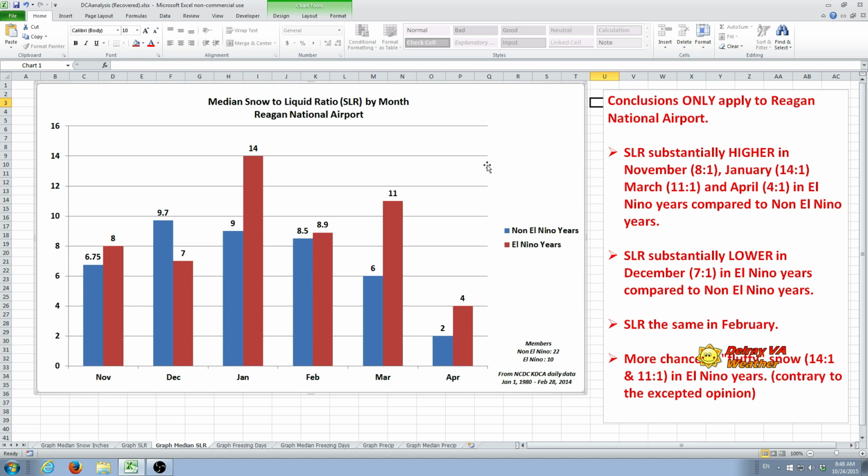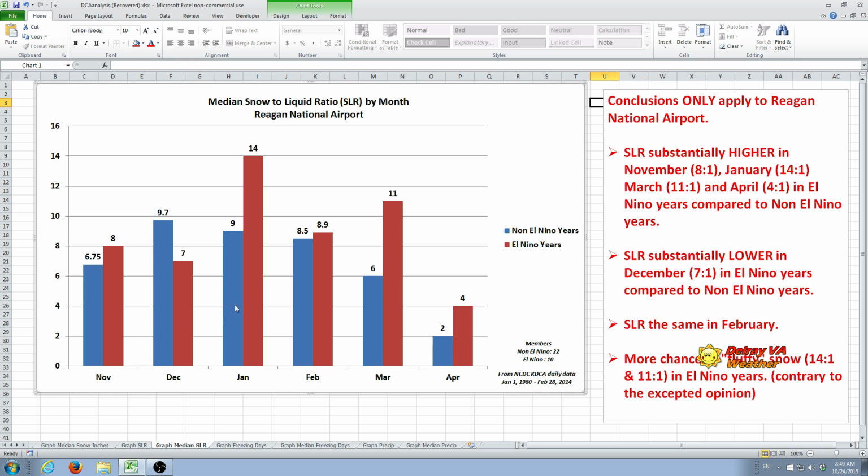But the other thing that is really clear from this graph is that the SLR is substantially higher in November, January, March, and April in El Nino years compared to non-El Nino years. The SLR is substantially lower in December in El Nino years compared to non-El Nino years.